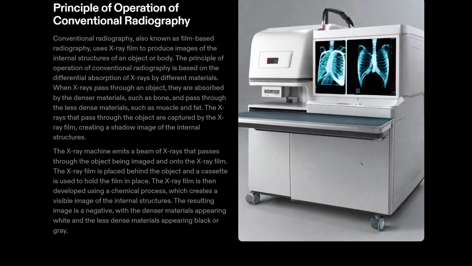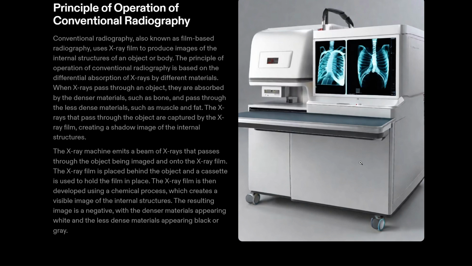The principle is based on the differential absorption of X-rays by different materials. When X-rays pass through an object, they are absorbed by denser material such as bones, and pass through less dense material like muscles and fat. The X-rays that pass through the object are captured by X-ray film, which creates a shadow image of the internal structure.